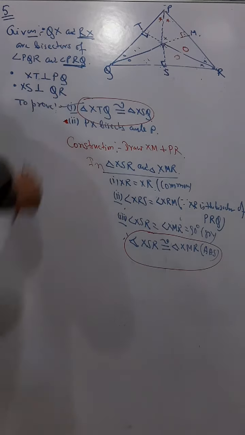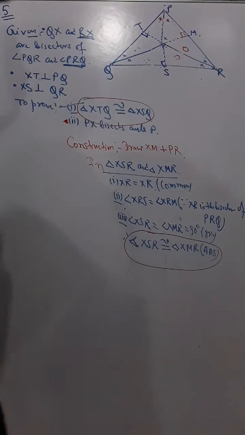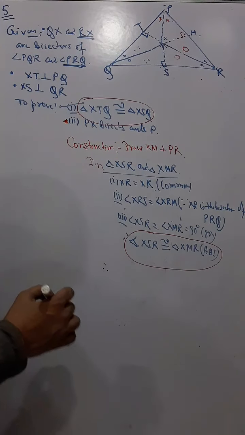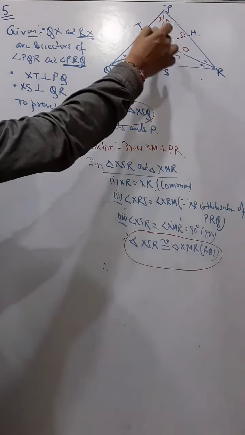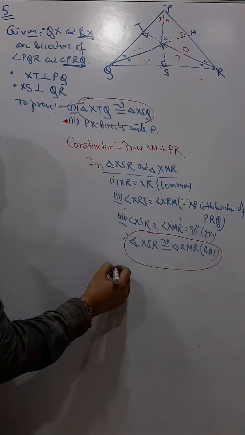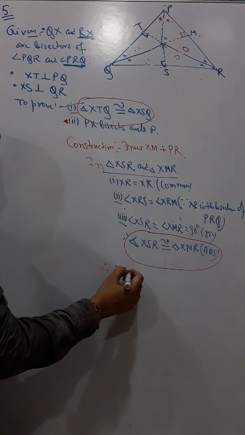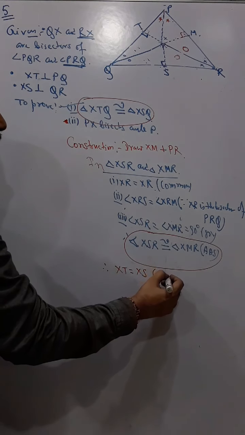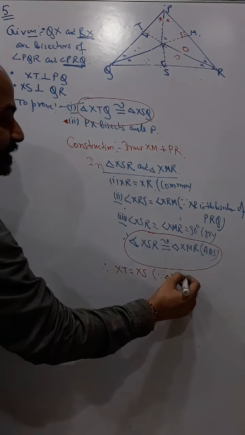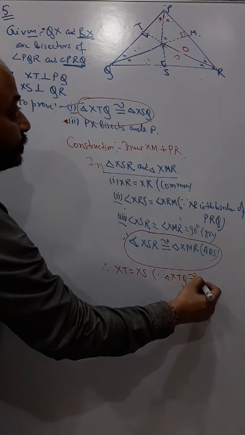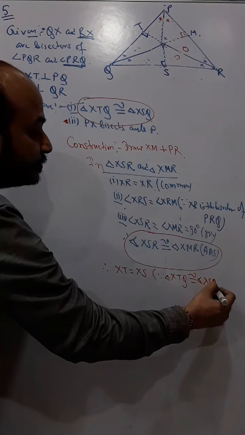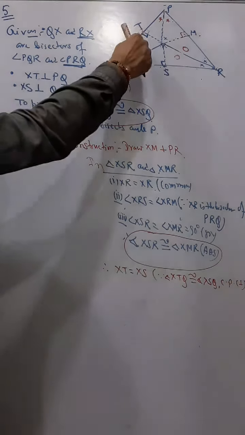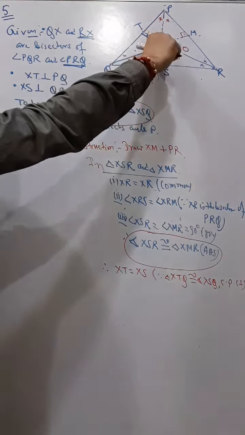Okay, now what conclusion can we get from here? Now we can say that XT equals XS. You know why? Since triangle XTQ is congruent to triangle XSQ, CPCT. So these two triangles are congruent, therefore XT will be equal to XS.